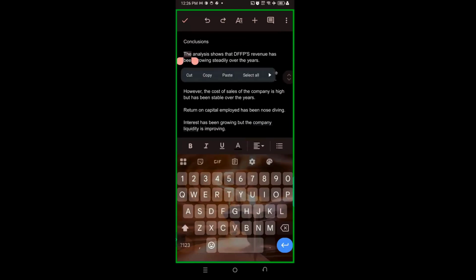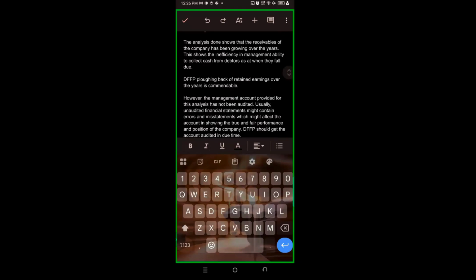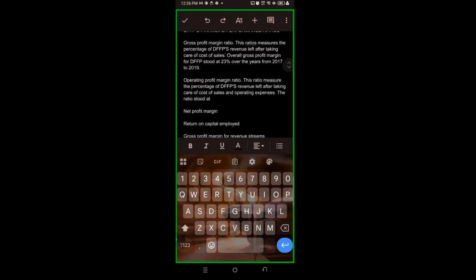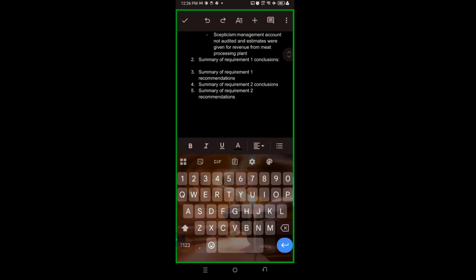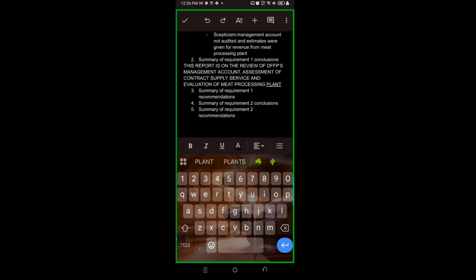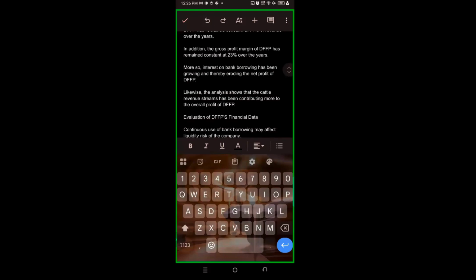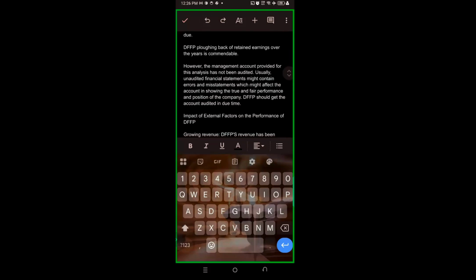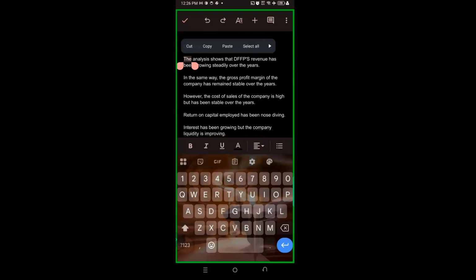Let me just copy it so that I can do the summary properly. So I'm showing you how to do that.